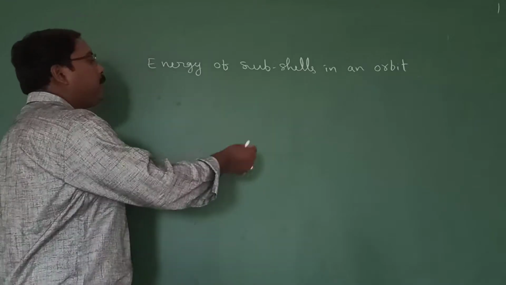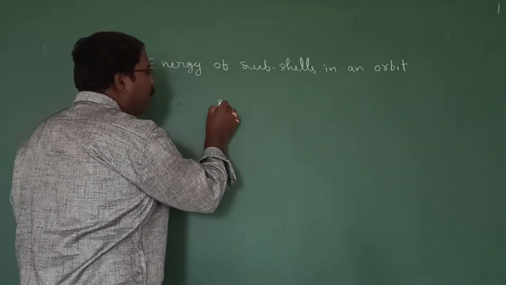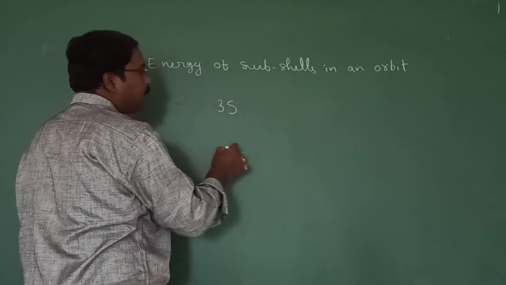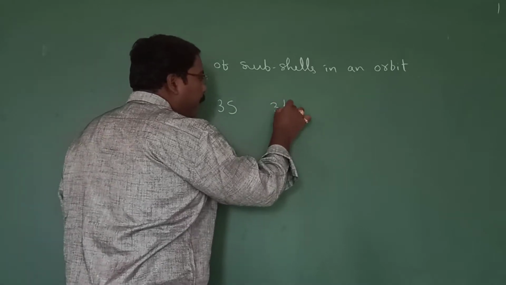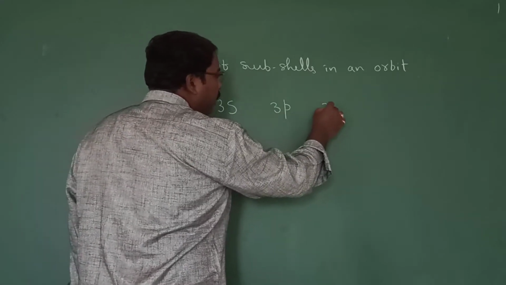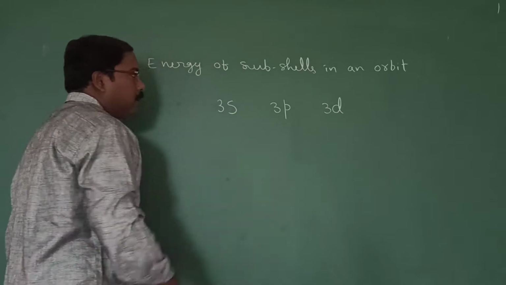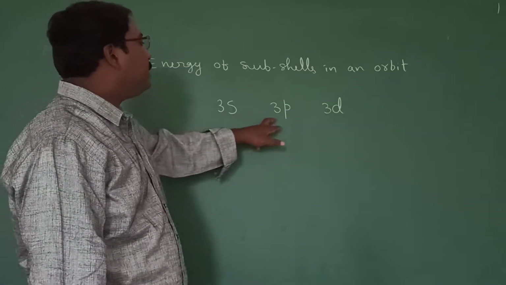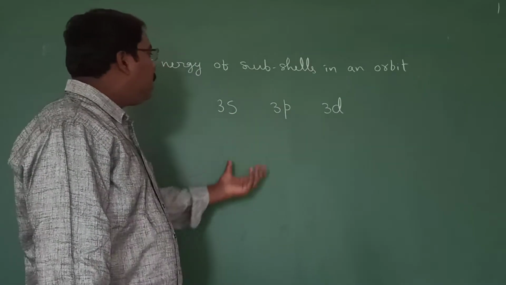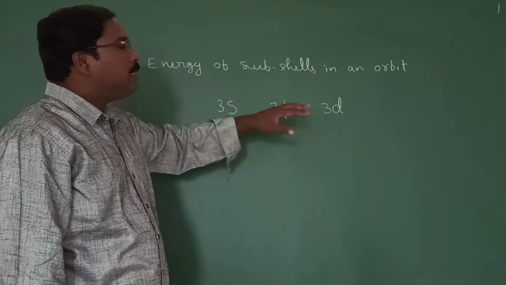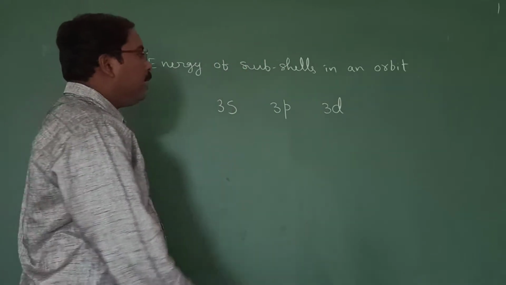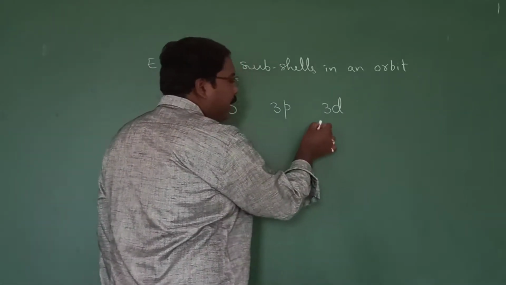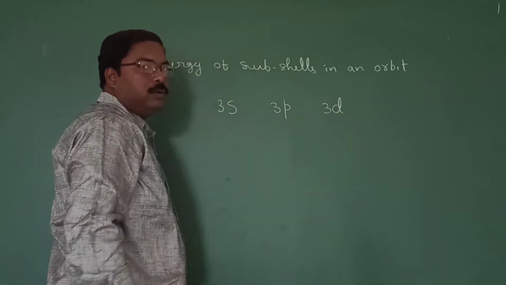For example, if you take the third orbit, we have subshells like 3s, 3p, 3d. Okay? Here the n value is the same. So if I ask you which one has high energy, generally what will we calculate? We will calculate the n plus L value.